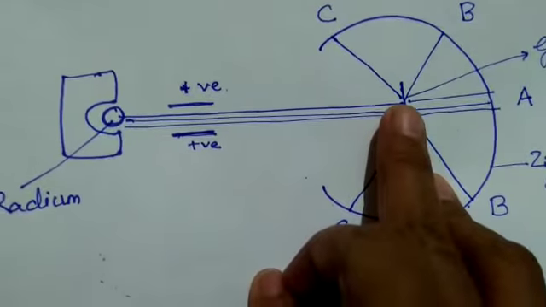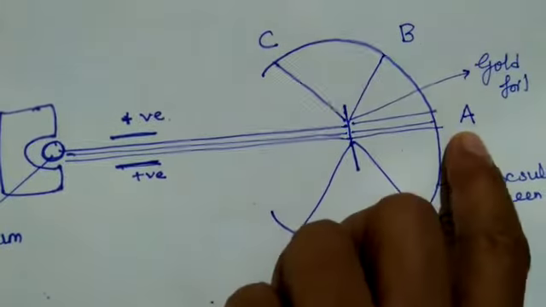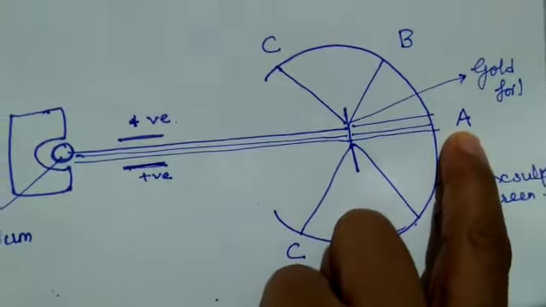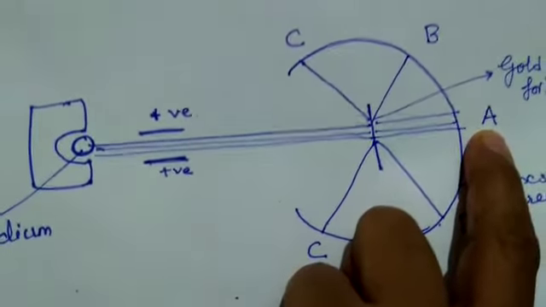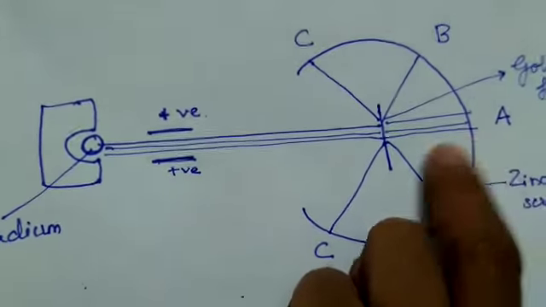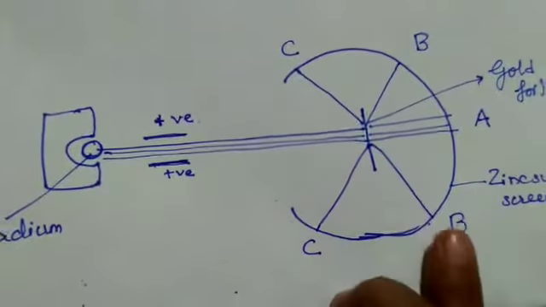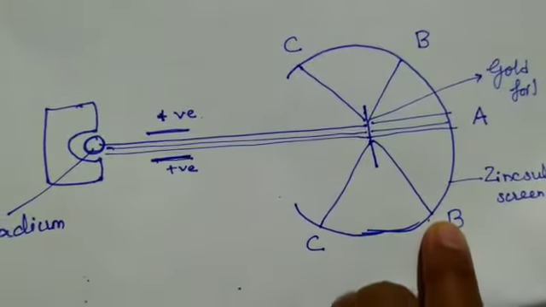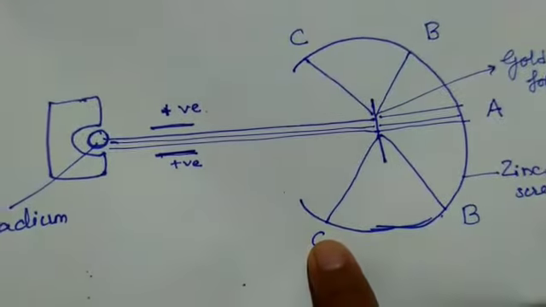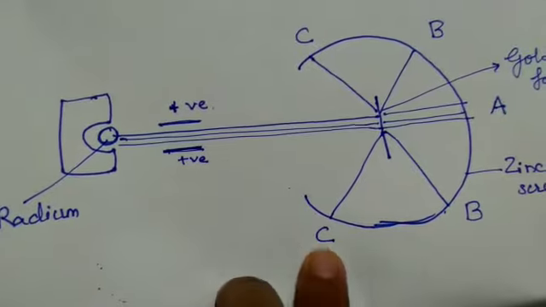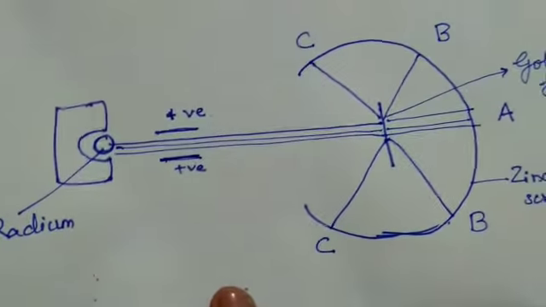What was expected by Rutherford? He expected that all the glow should be produced in region A, which is just behind the gold foil. But when the glows were observed, some glow was produced in the regions denoted by B and B, and some in the regions denoted by C and C on the circular zinc sulfide screen.